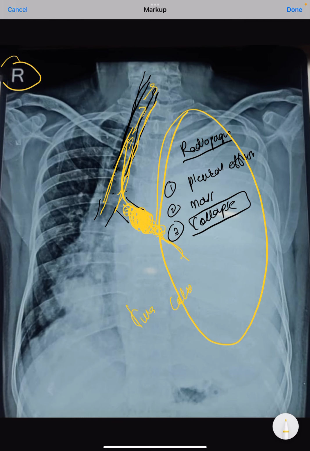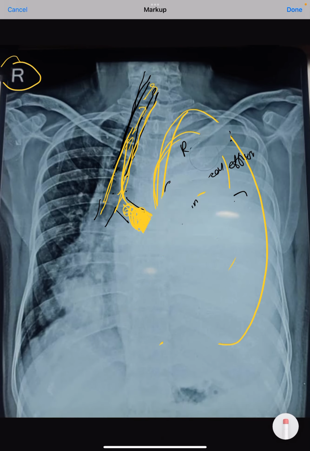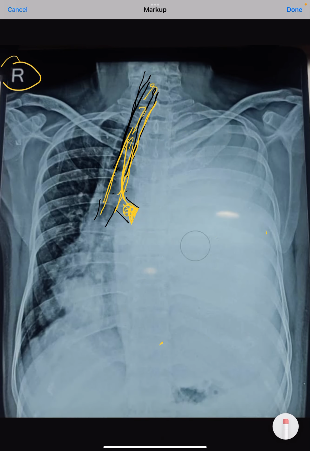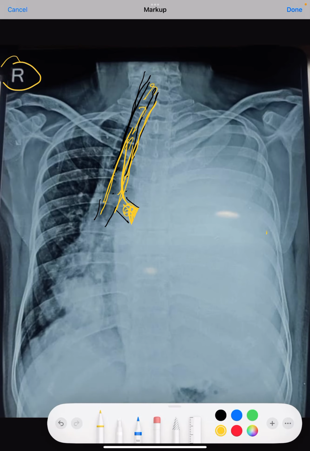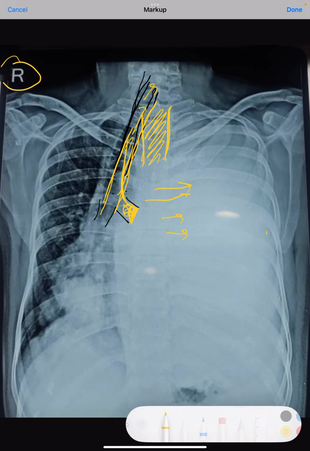So we must understand, in lung collapse, the lung volume will shrink and it will not expand. So if the lung volume shrinks, then the trachea should be pulled toward that particular side, or the trachea should remain at the same place, but it will not push the trachea.